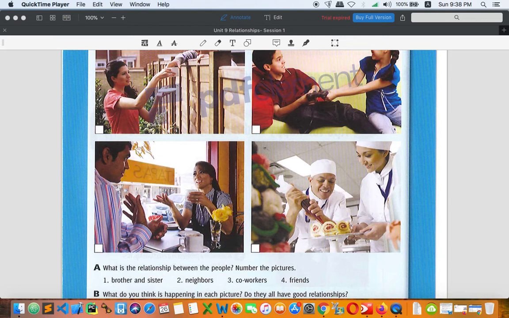And number 3, co-workers. It must be this picture because they share some kind of cooperation. All right, working together as a team. And the last one right here, picture number 4, sorry, picture number 3 is friends, so they share and talk together.